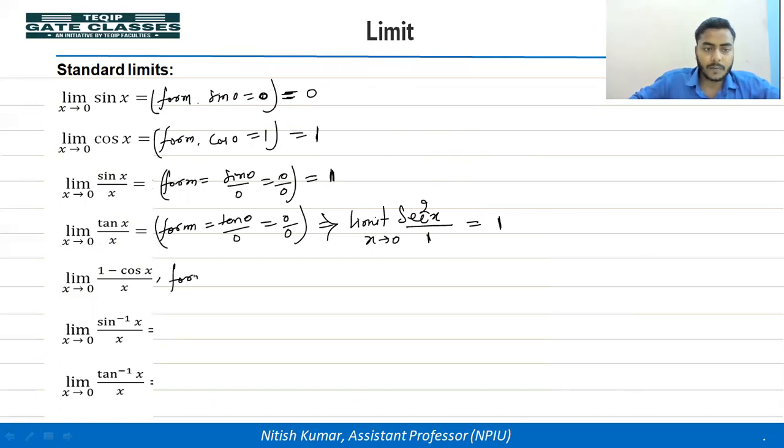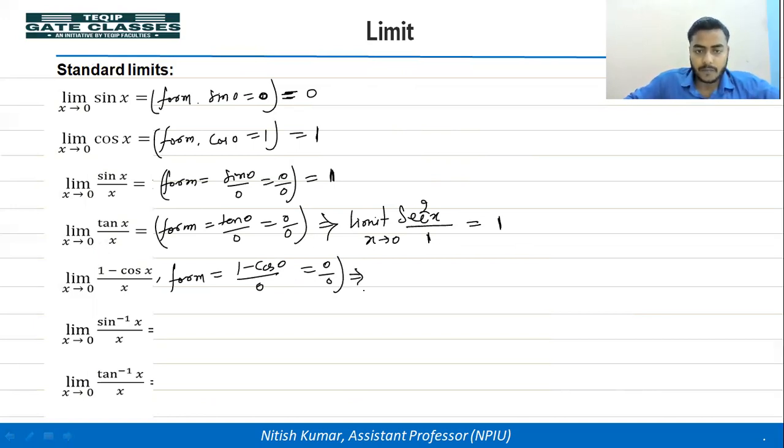In this case, form क्या है? 1 minus cos 0 divided by 0. We are getting cos 0 क्या होता है 1, so we are getting 0 by 0 form. So 0 by 0 form, we can apply the L'Hopital rule. So the limit of 1 minus cos x divided by x when x tends to 0 will be equal to their derivatives.